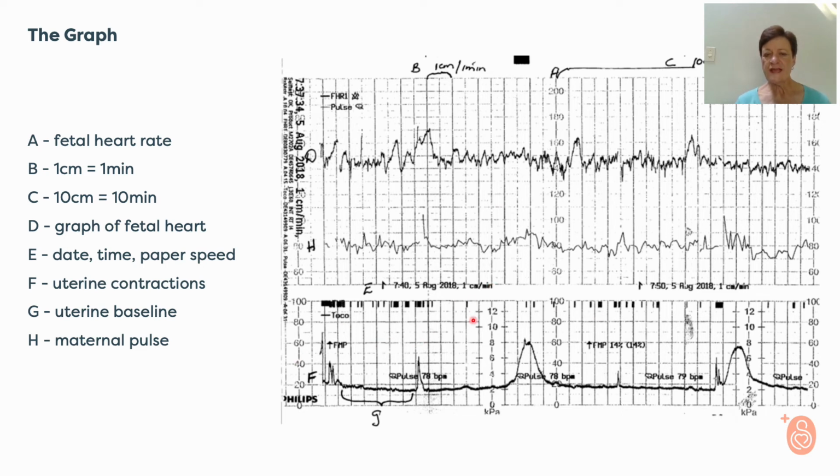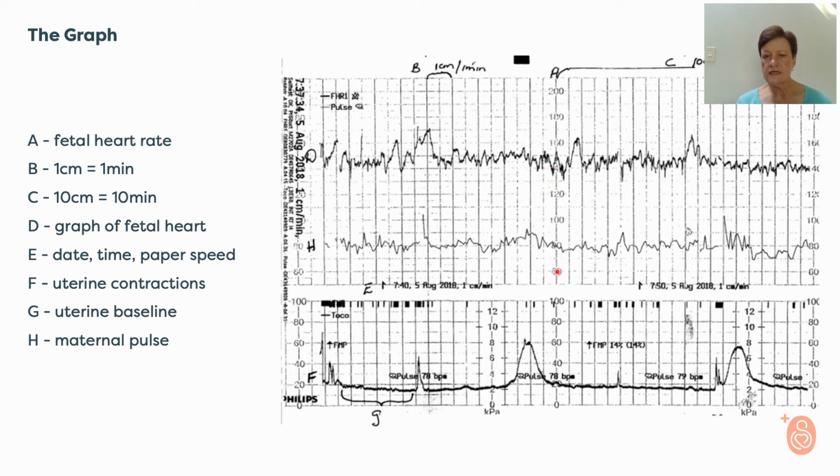We have a contraction part where the contractions are being monitored at the bottom, and then we have a bigger part at the top where the fetal heart rate is being recorded, and in this case the maternal pulse as well. So just a few very important things to take into consideration when we interpret the graph. This is, as I've said, the fetal heart part, and these numbers represent the fetal heart rates.